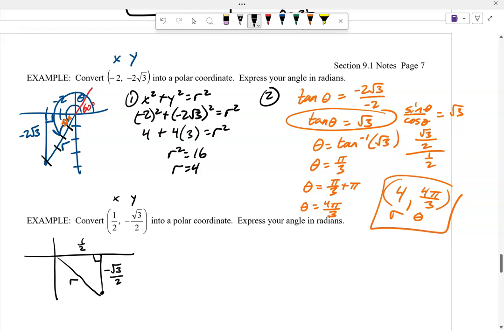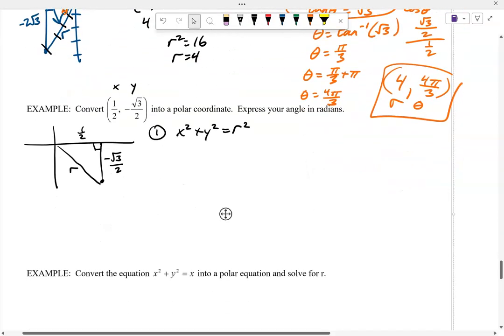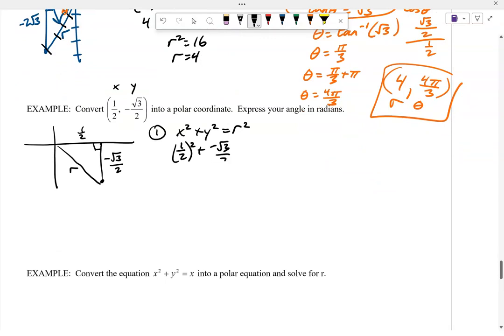I'm trying to find my r, first of all, for the polar coordinates. x squared plus y squared equals r squared. 1/2 squared plus root 3 over 2 squared, looks like r squared equals 4/4 or 1. So our r is 1.